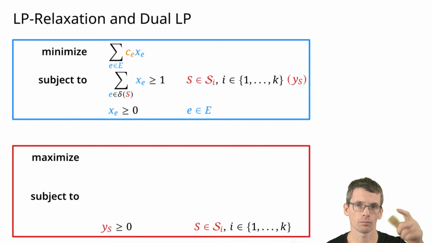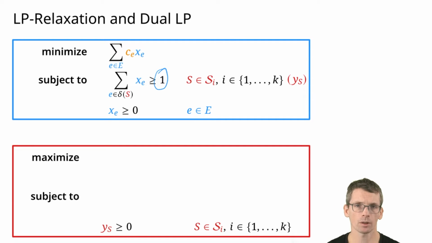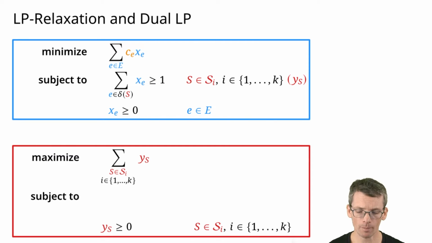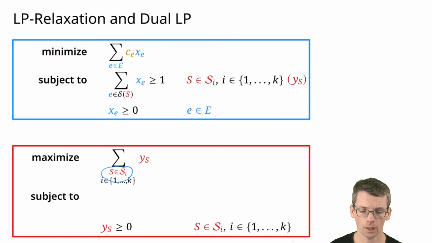Simply doing dualization, this is the c vector for the primal, so a vector of ones. This now becomes the coefficients in the objective function. So I'm going to sum over all of the cuts and then simply y_S.